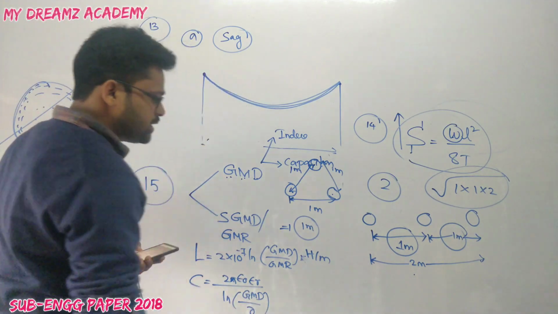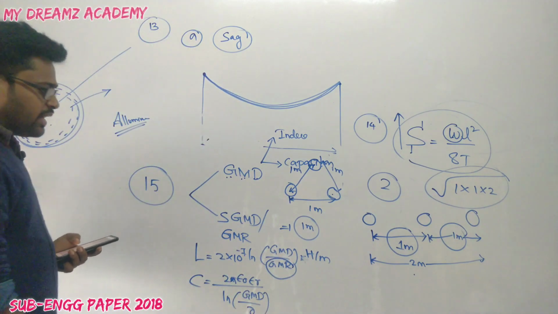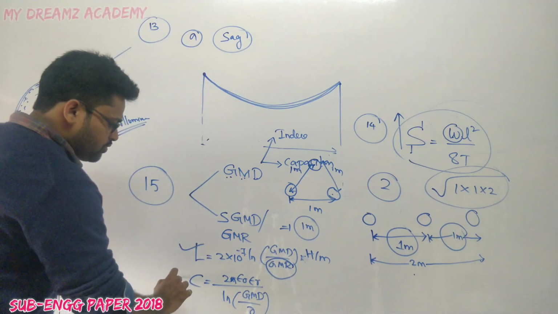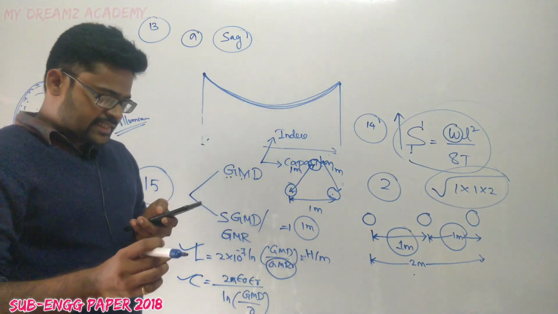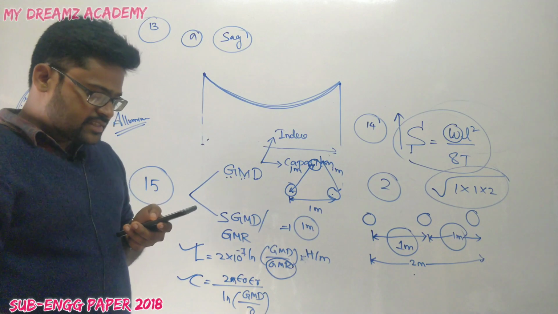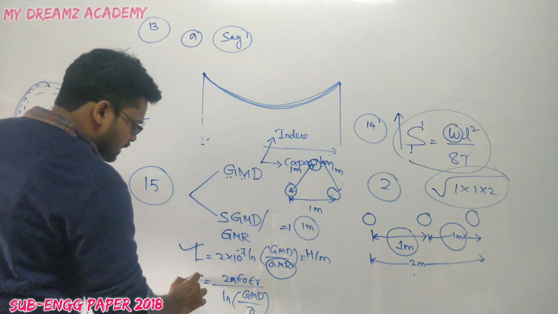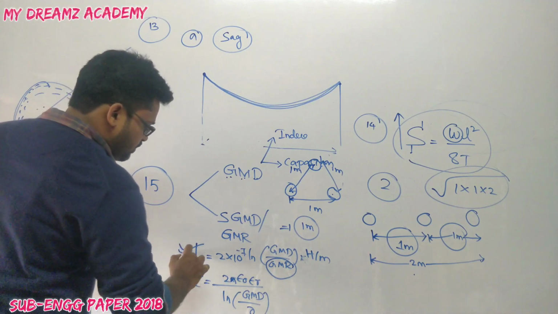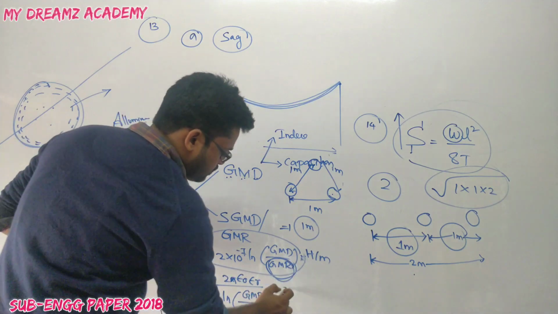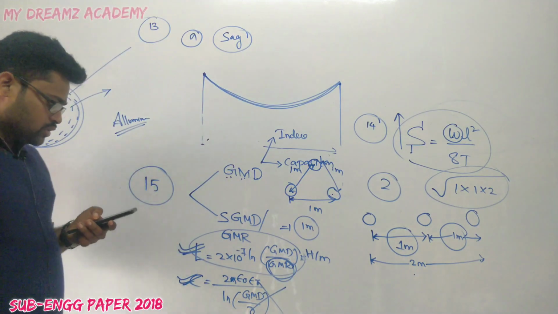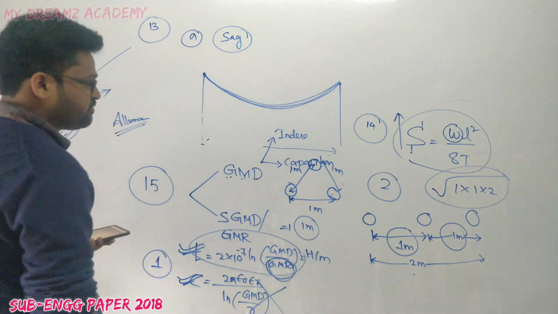GMR is only used to find the inductance value; it is nowhere related to the capacitance value. Now I will read the options: inductance, capacitance, resistance, both inductance and capacitance. GMR value is only used for inductance, not for capacitance. So option 1 for the 15th question.